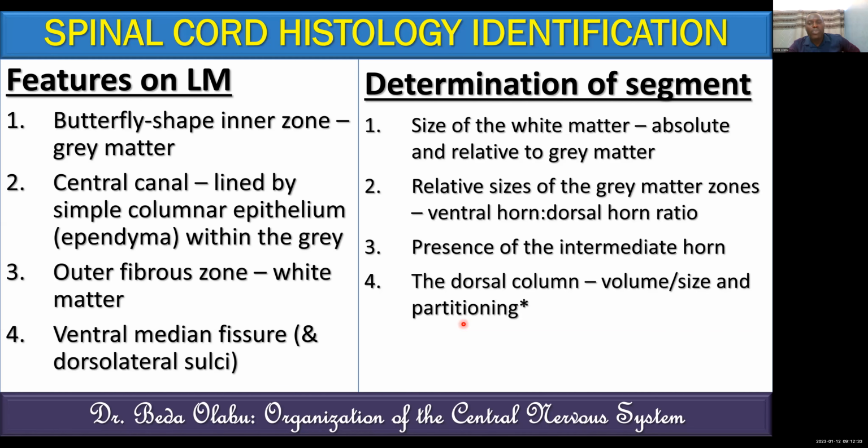We are on the upper parts of the spinal cord. Because I told you that gracilis carries information from the lower part of the body and cuneatus from the upper part of the body. So you cannot expect cuneatus to be present in the lower part of the spinal cord, but gracilis will be present in the whole of the spinal cord because it carries from the lower part going up.